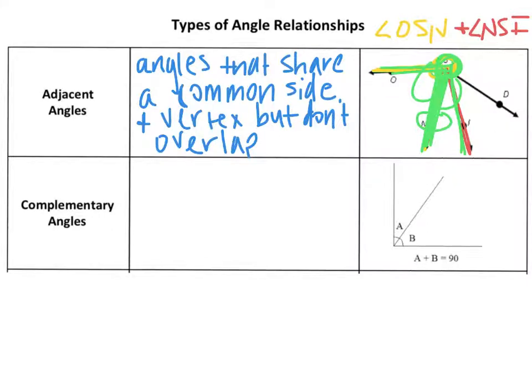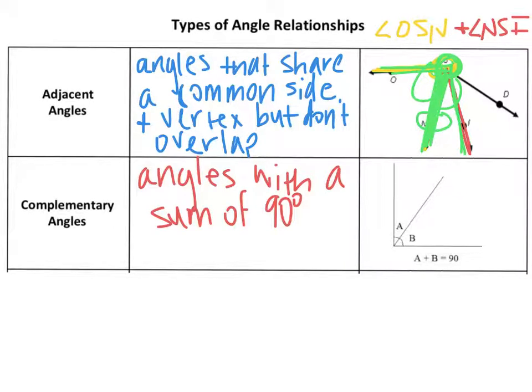The next type of angle relationship that we're going to focus on is a complementary angle. And a complementary angle is an angle or angles with a sum of 90 degrees. So if you can add two angles together and get a sum of 90 degrees or make a right angle, those are complementary angles.